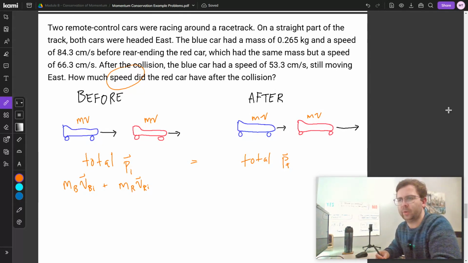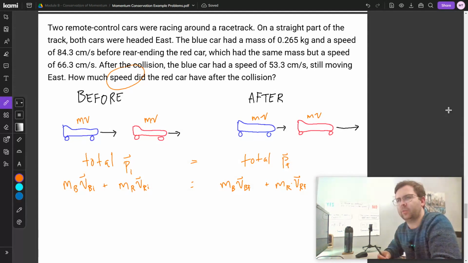That will be the total initial momentum of this system. And likewise, the total final momentum is just going to be the mass times final velocity of both cars added together. So I'm writing final for these two.